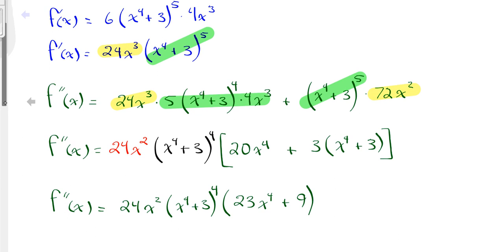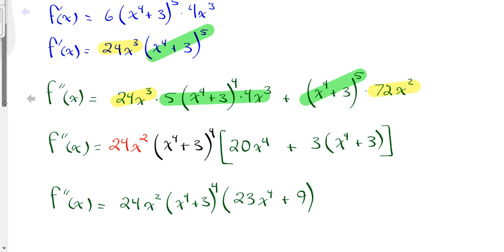And then I'm looking to see what common factors I have. It might be helpful, as I mentioned earlier, to do some simplifying first. So if I did that, 5 times 4 times 24 would give me 400. 400 x cubed times x cubed is x to the 6th.